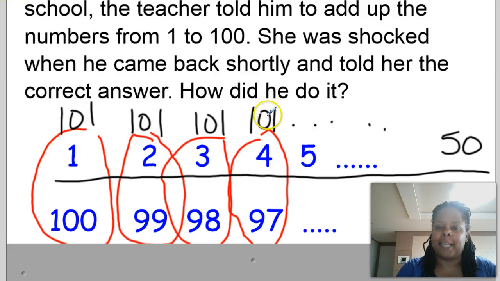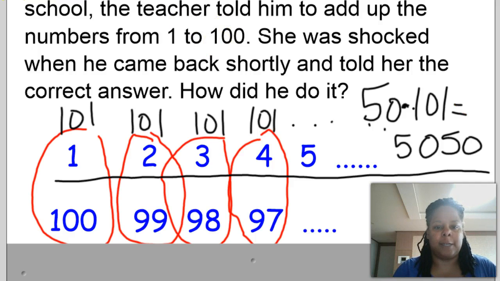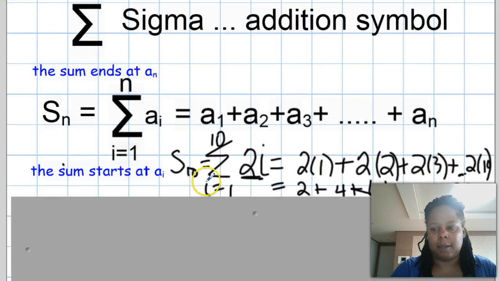So to figure out the answer to the sum, instead of adding them all up individually, he takes 50 and multiplies it times 101, and that's how he gets 5,050. So we're going to use Gauss's method because it really works for any type of situation, because it's simple to remember and to understand. So let's go back to our notes and let's take a look.